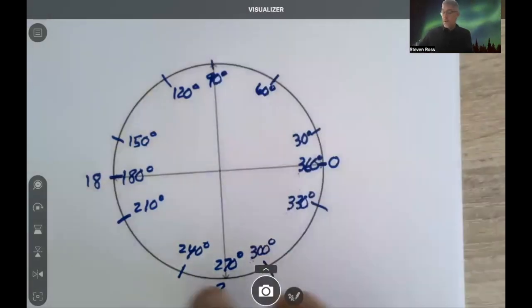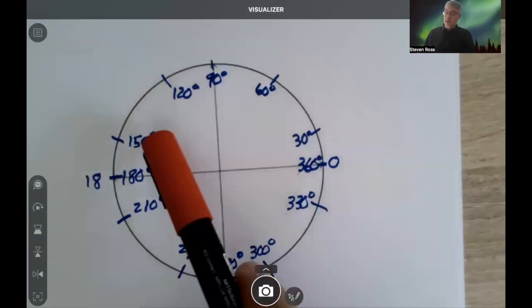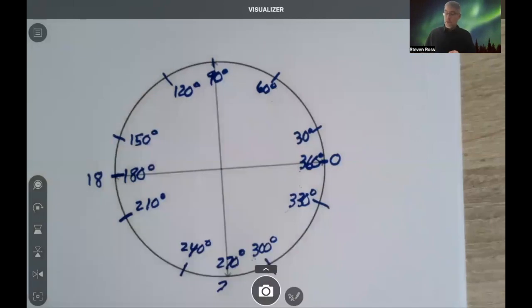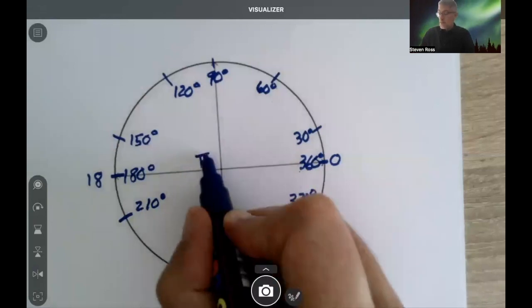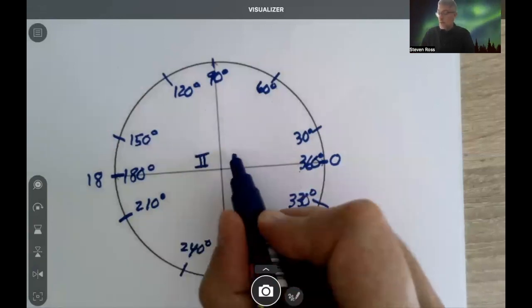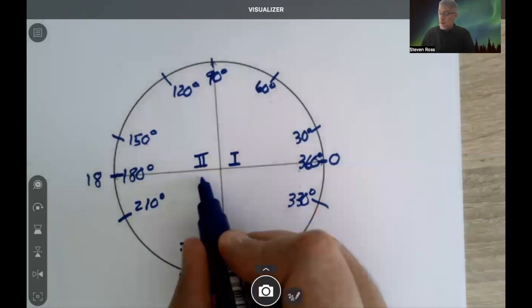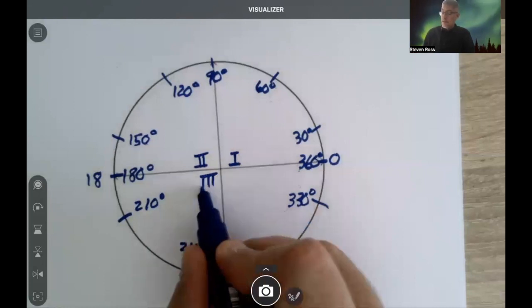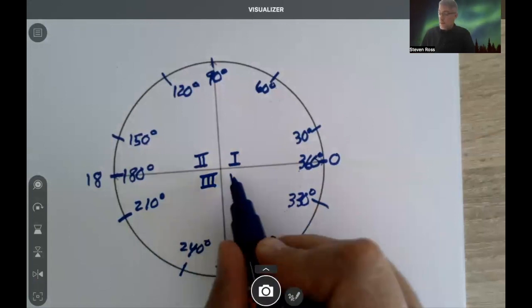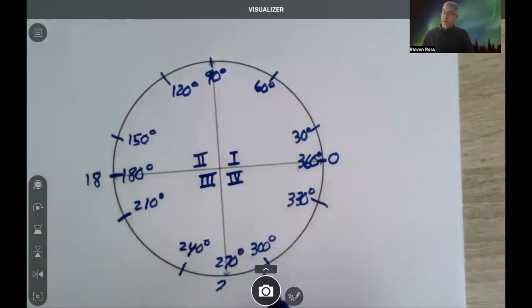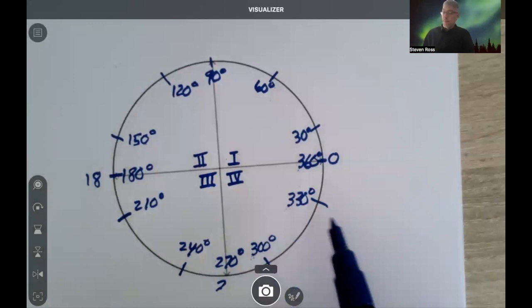As we go all the way around the circle, those are special angles, and each of these larger angles, like in quadrant 2, the 120, the 150, 180 are in quadrant 2. Maybe I'll put the quadrants here as well. Then quadrant 3 has the 210, the 240, and quadrant 4 has the 300 and the 330.